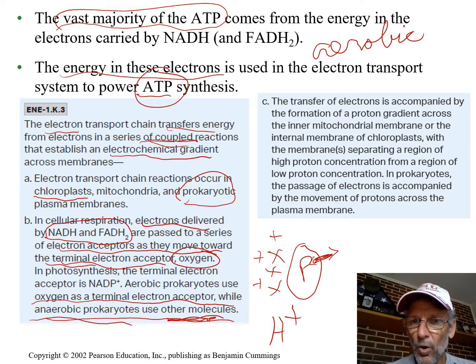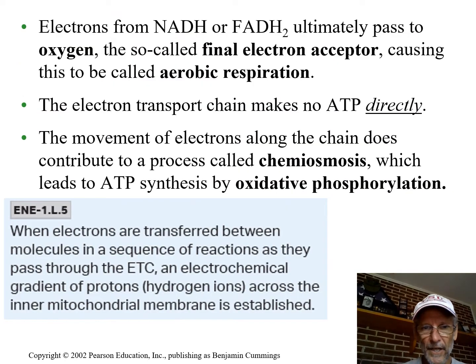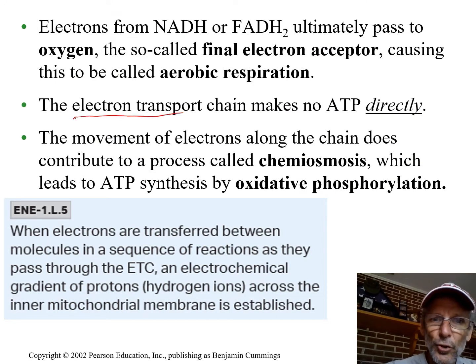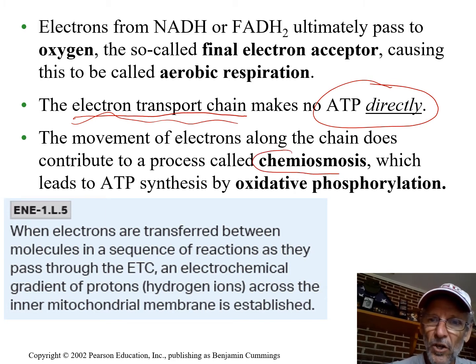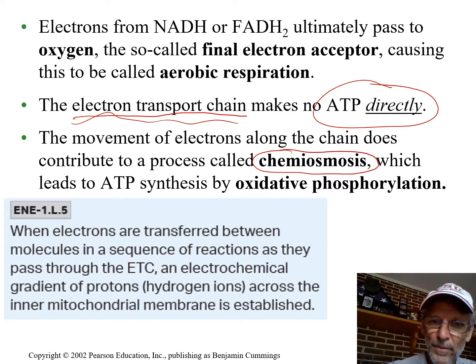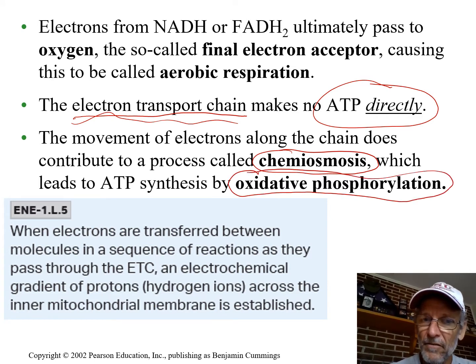Okay, so this pretty much says what we've said and what we're going to say in a diagram in just a second. So here I just want a couple things. The electron transport chain doesn't make ATP directly, but as a result of that chain and the gradient, a process called chemiosmosis happens, which makes those ATPs by that kind of phosphorylation called oxidative, right?